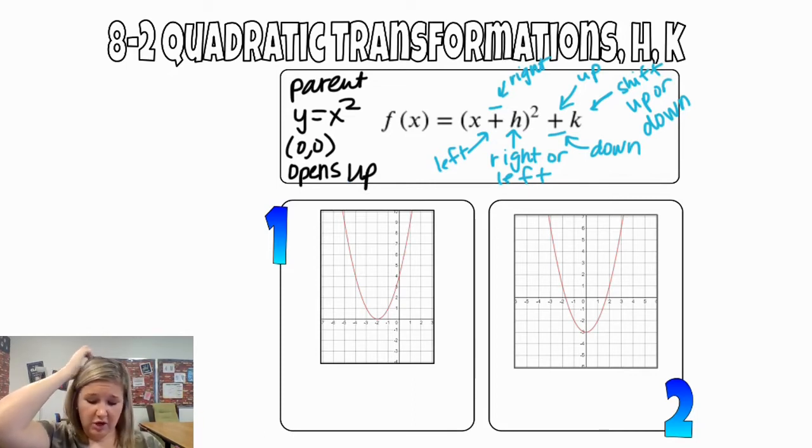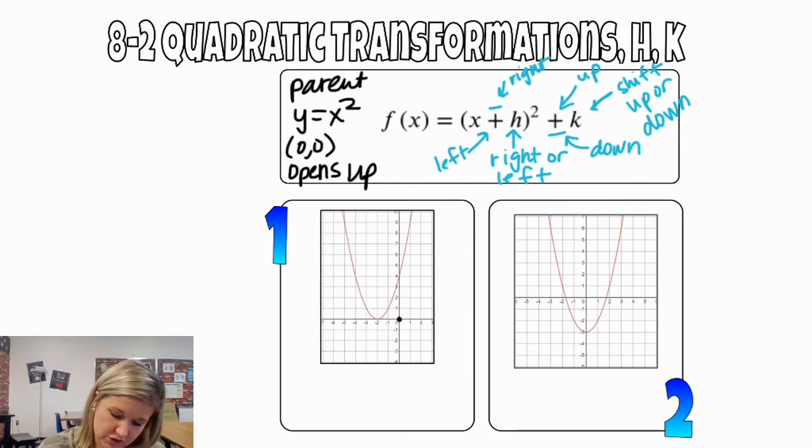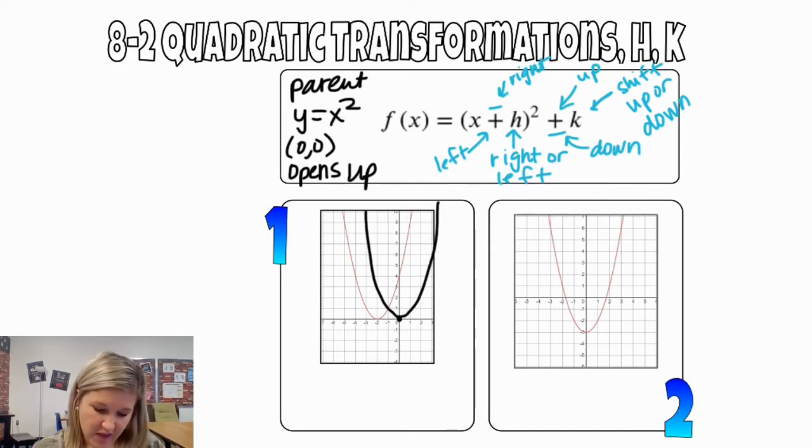So if we have our graph here, our origin is here typically for the quadratic, and it looks something like this. It's a really rough sketch, sorry about that. You can see that from the black graph that I drew, it is going to shift to the left 2.